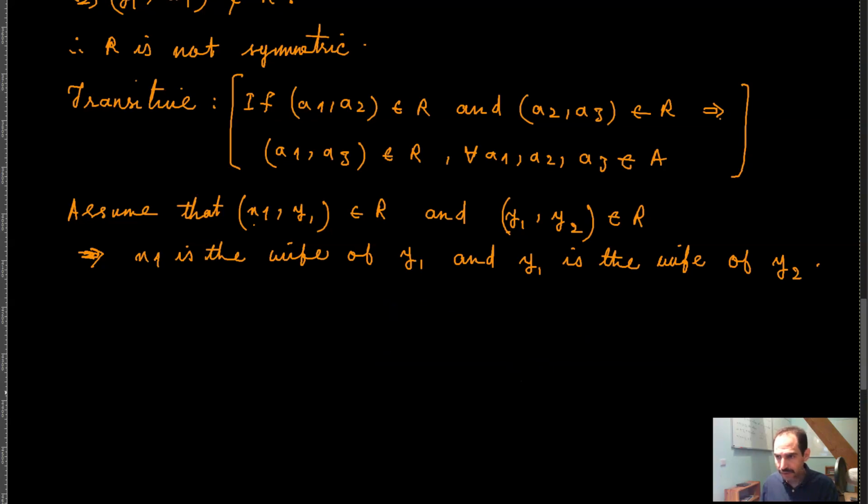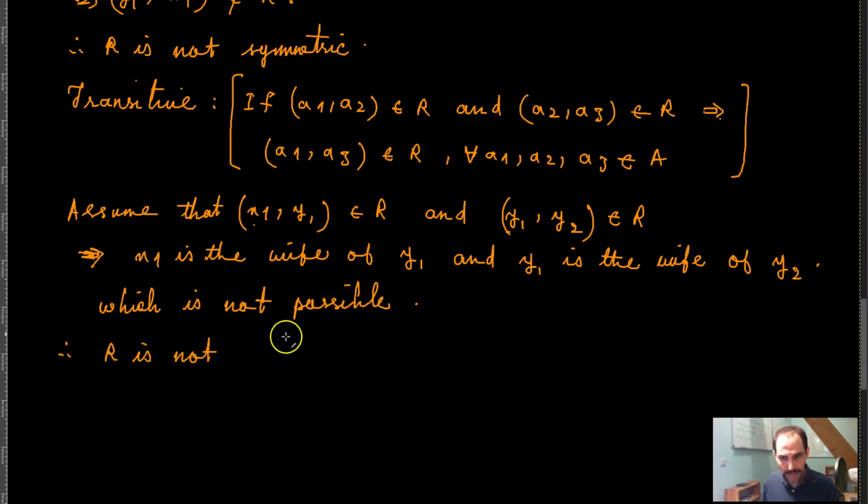So this situation is not possible. Therefore, R is not transitive, right?